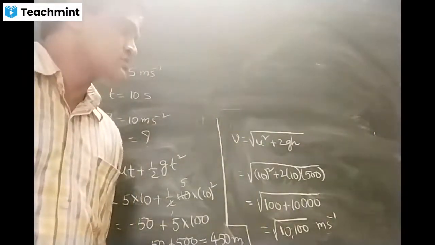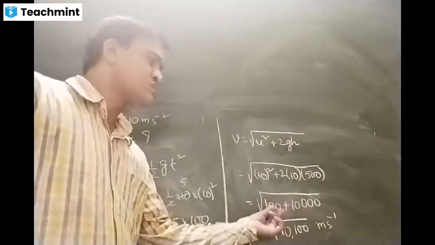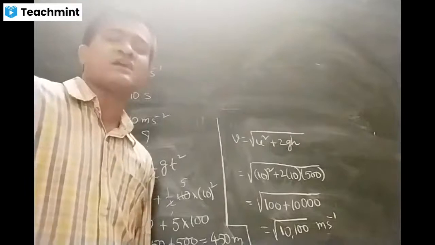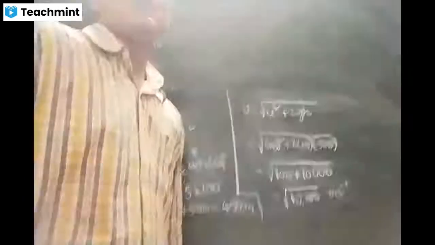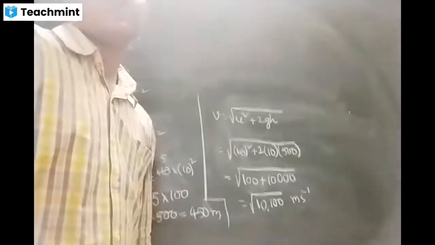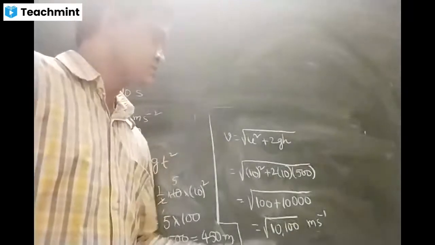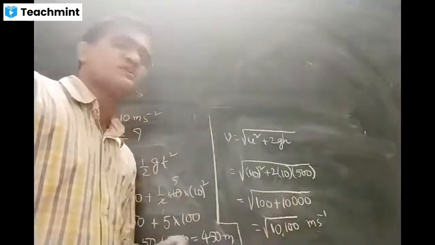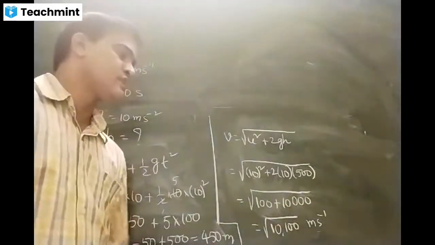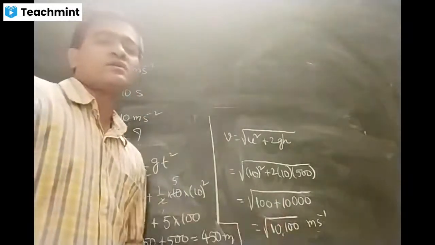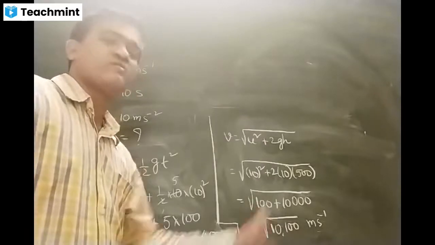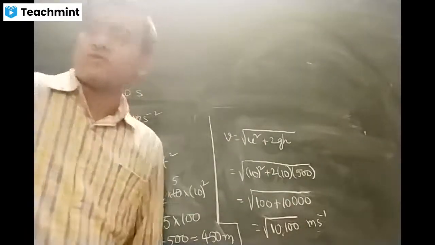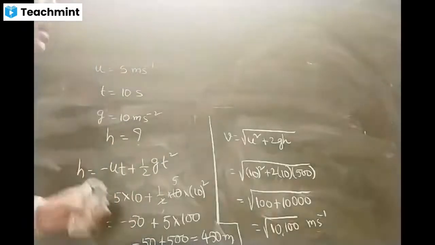If you compare this 100 with 10,000, I can say 100 is negligible. If I neglect this 100, we'll get the value. Anyways, I have given my own values, that's the reason you are getting this odd type of answers.